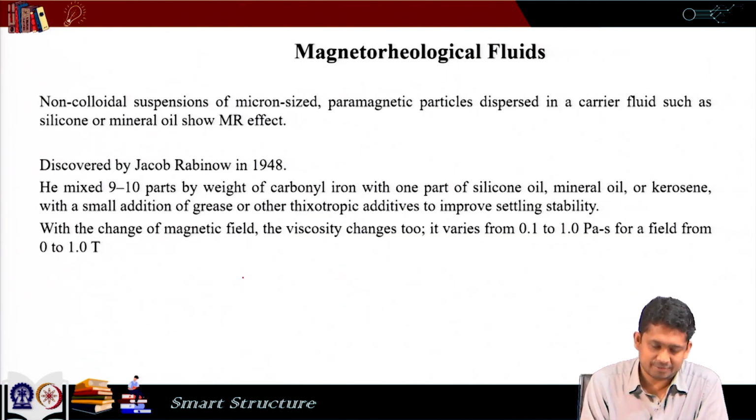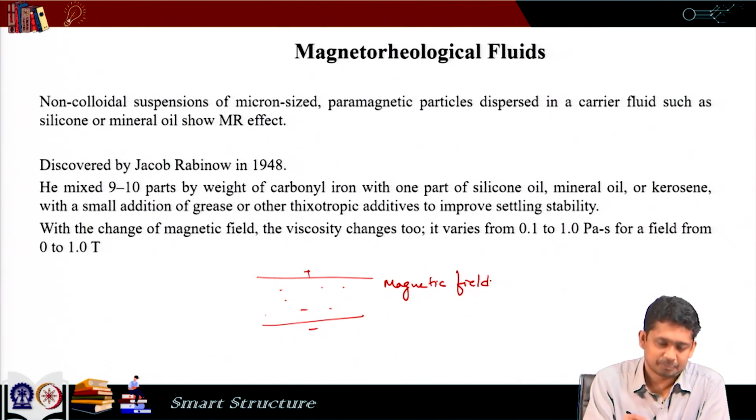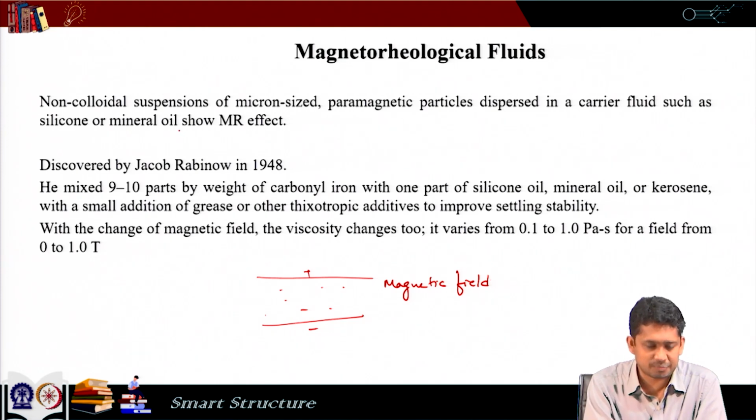In the magnetorheological effect, the effect is the same, but instead of the electric field, we need a magnetic field here. This effect was found in non-colloidal suspensions of micron sized paramagnetic particles dispersed in a carrier fluid such as silicone or mineral oil, and it was discovered by Jacob Rabinow in 1948.